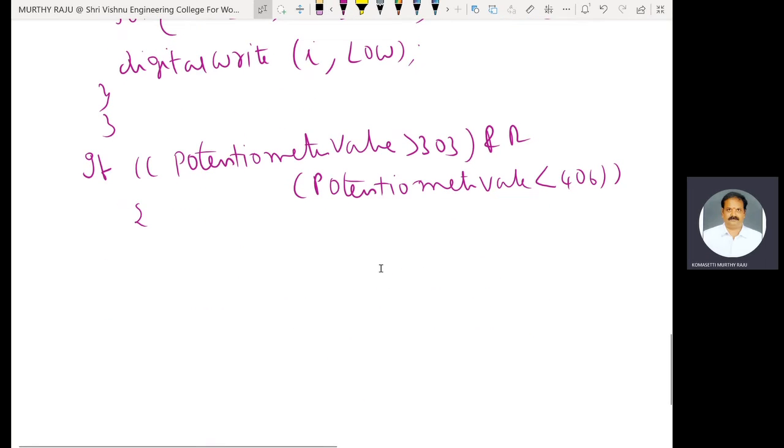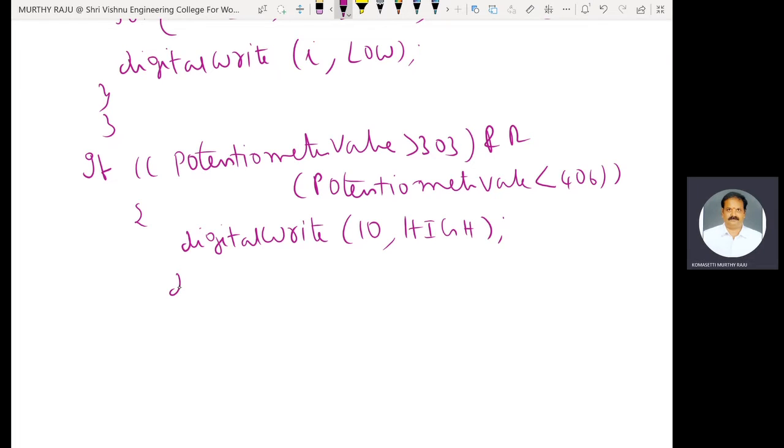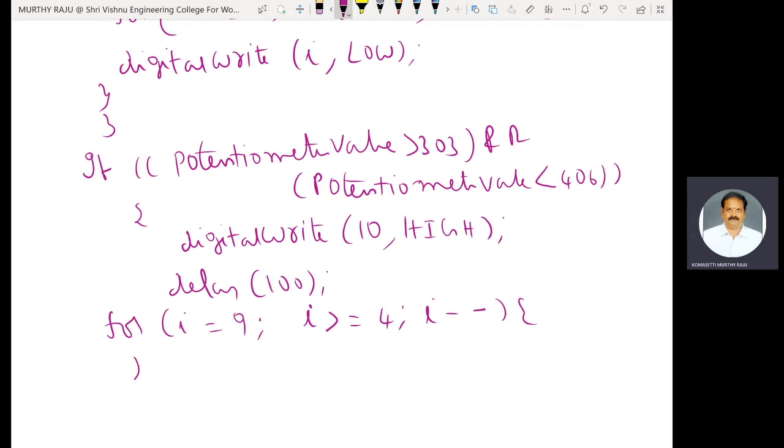Digital write, the 10th pin is high. Delay 100 milliseconds. For I is equal to 9, I greater than or equal to 4, I minus minus, digital write, I low.